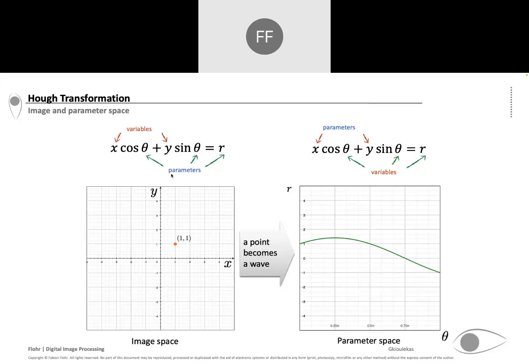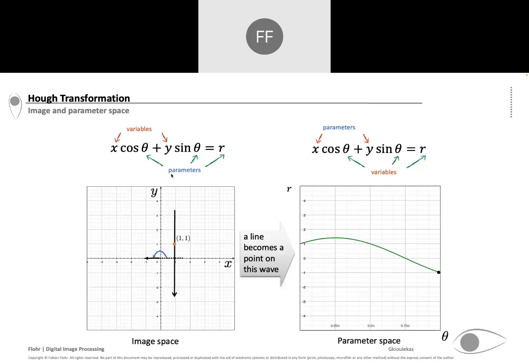So all those points on this wave are defining lines which go through that single point. And here it's visualized again. You have those two parameters r and theta, and varying this on this curve gives you all the lines, even the vertical ones, which are crossing this point.